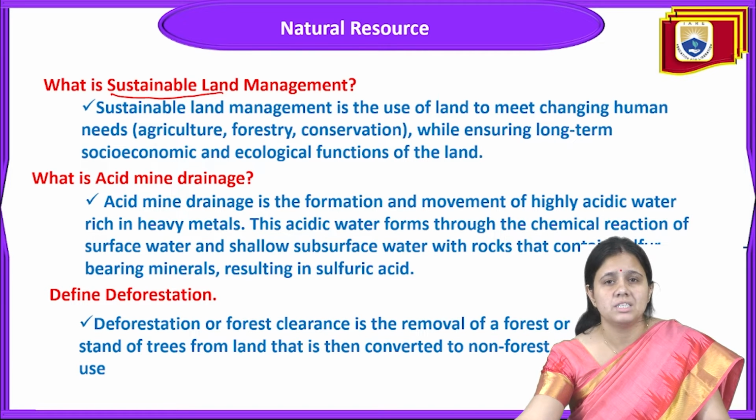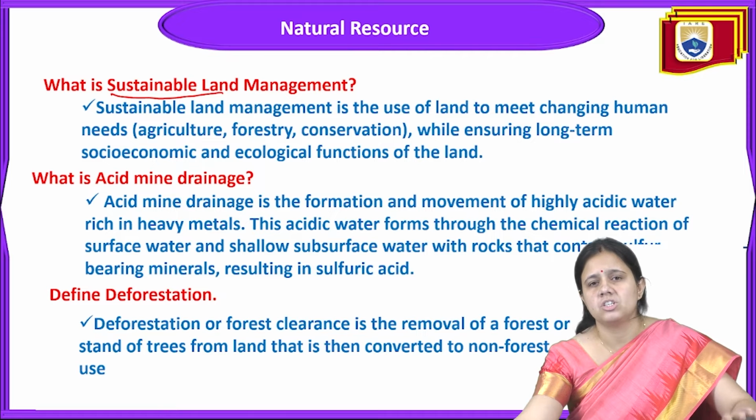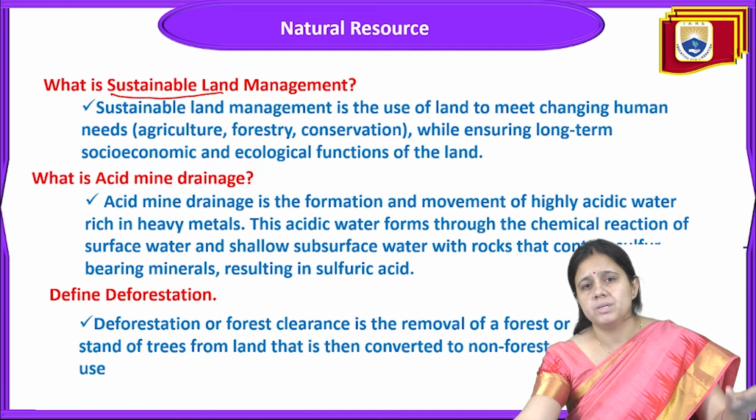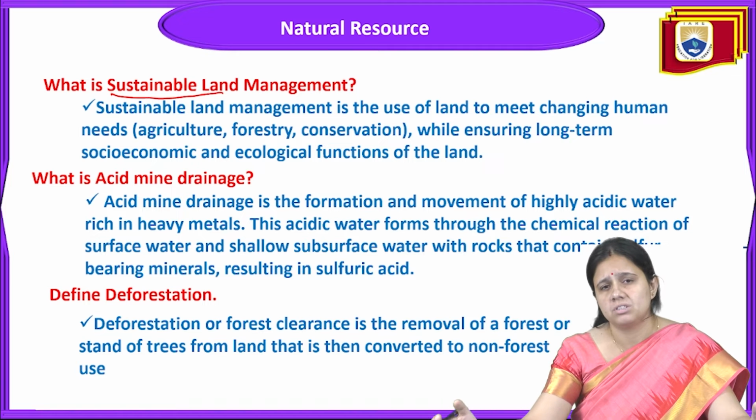Today we are using the land for agriculture practices, forestry practices, whatever it is. But it should not exploit or harm or degrade the quality of land. That is called sustainable land management. We have to ensure that the long-term socio-economic and ecological function of land is restored. In using the land this way, it should be preserved for future generations also.